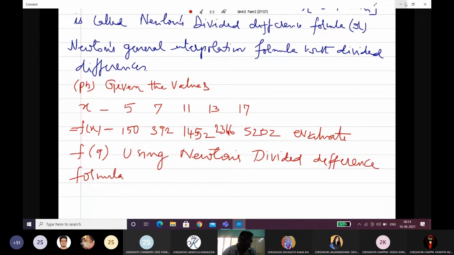Okay. Now, here we have to form the divided difference table.